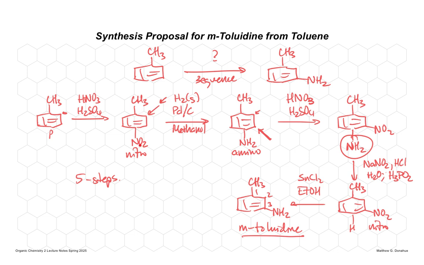So that's why we have to switch its directing group ability through the reduction. Now once it's an amine, through resonance, that para position's blocked, so it's going to direct ortho here. This ortho directing is a lot stronger than that existing one from the methyl, just because it's resonance.